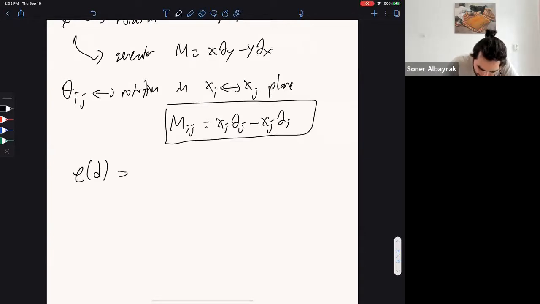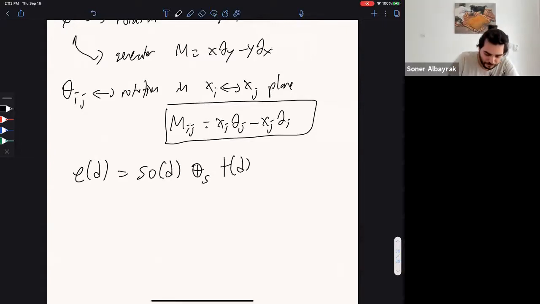E_D is basically the rotation algebra SO(D) semi-direct sum translations in D dimensions.